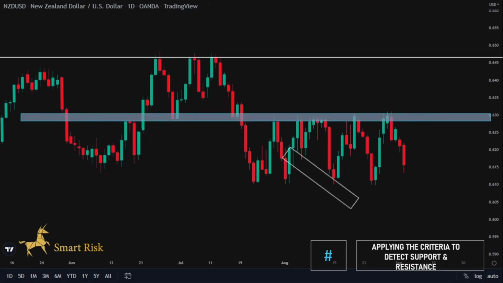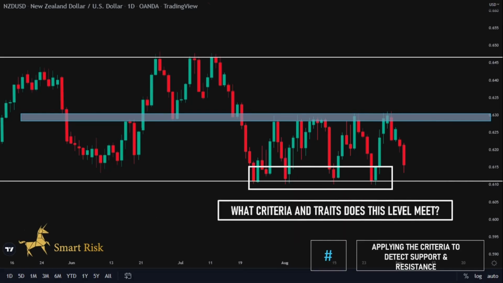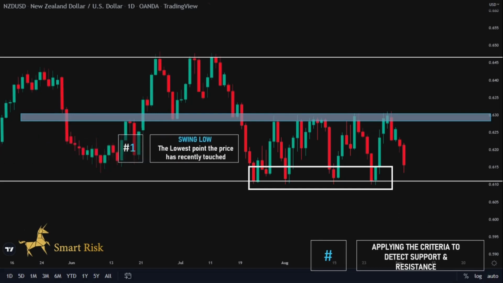Now, moving on down, we spot 4 rejections here and highlight another level. So again, what traits and criteria does this level have that makes it a good level of support? 1. This level is a swing low, meaning the lowest point the price touched in recent times. 2. There are multiple rejections of this level, 4 rejections overall. 3.